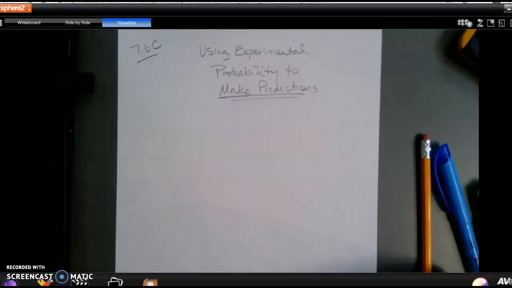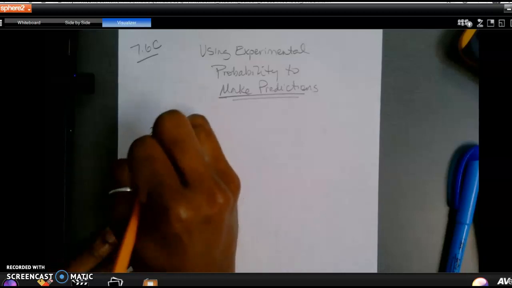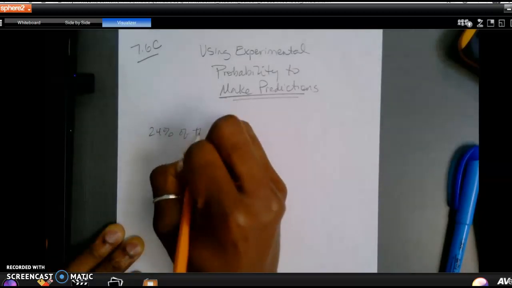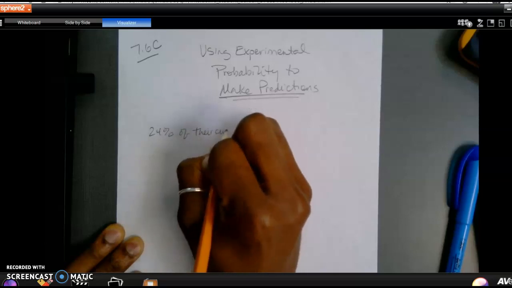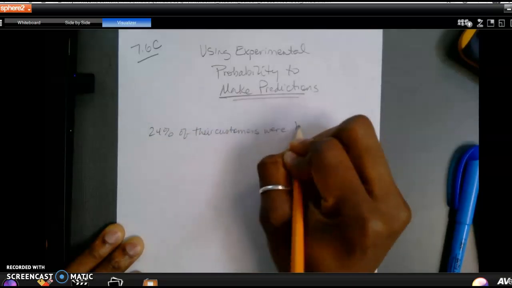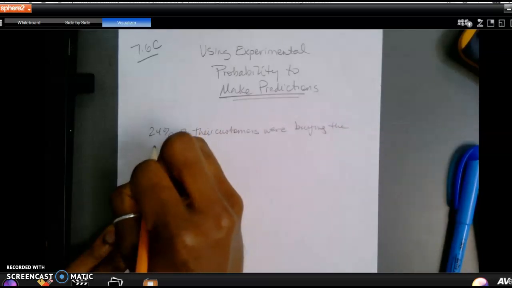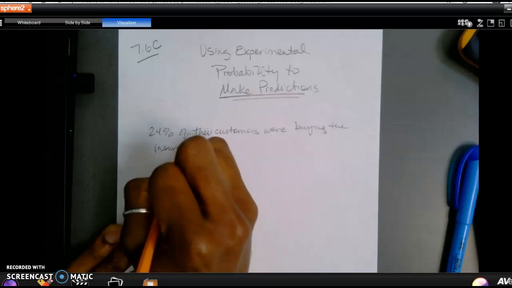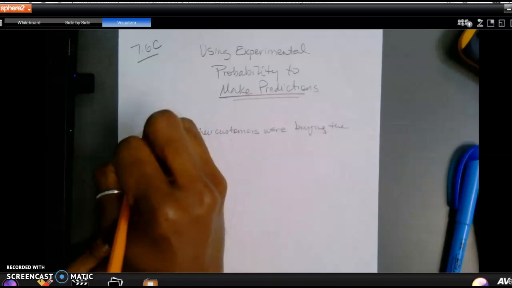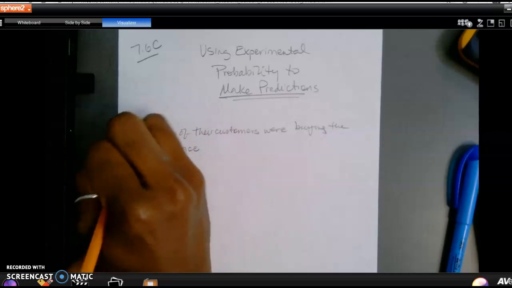So I know that, as it said, that there were 24% of their customers were buying the insurance. And we'll just say maybe that is Thrifty Rent-A-Car, okay?